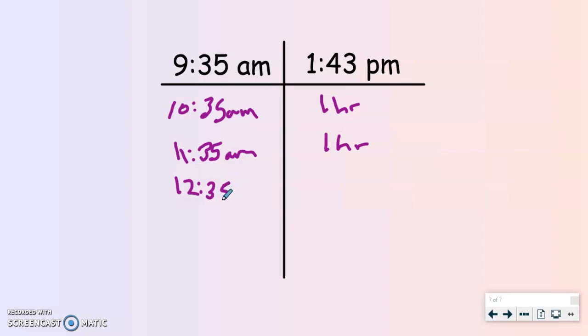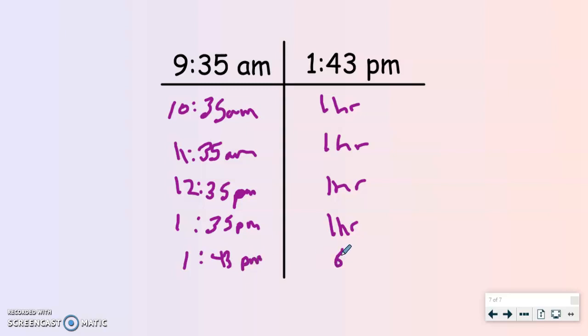So you're going to see the same times here and the same amounts over here. And then oops, did anyone catch that? I made a mistake. All right. And then another hour, and just for time's sake, I'm just going to go ahead and do my jump to 1:43. And I know that I added 8 minutes to that. So when you add all these up, you'll get the 4 hours and 8 minutes again.